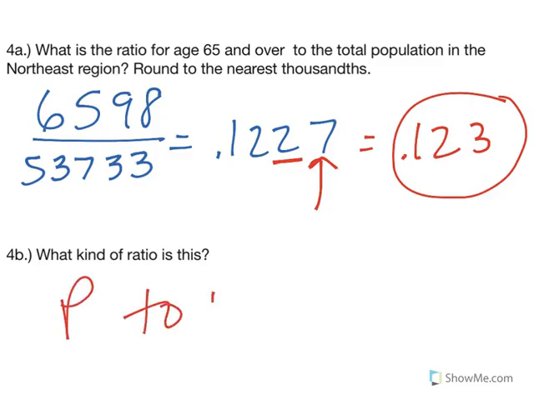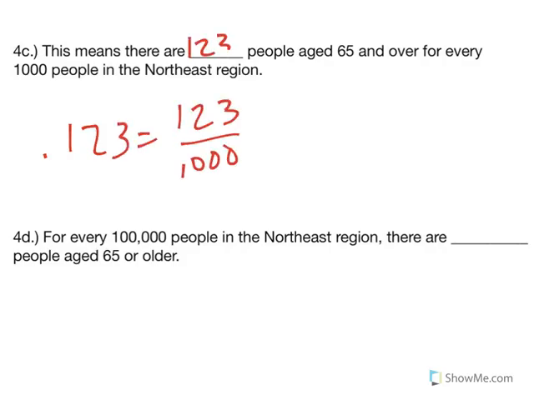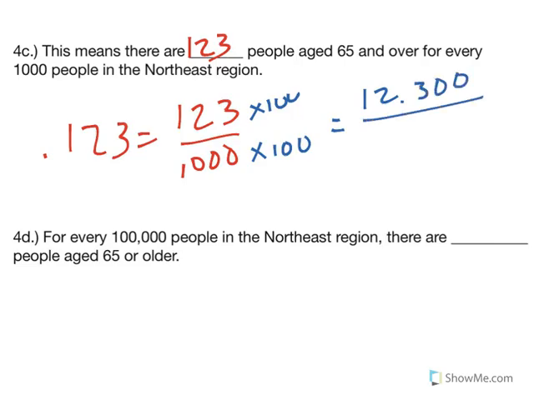And again, part to whole, because 65 and over is part of the population, and the denominator 53,733 is the whole population. Our decimal was 0.123, so as a fraction, we're at 123 out of 1,000. Again, if we multiply by 100, that would give us 12,300 out of 100,000. So that leads us to this answer down here.